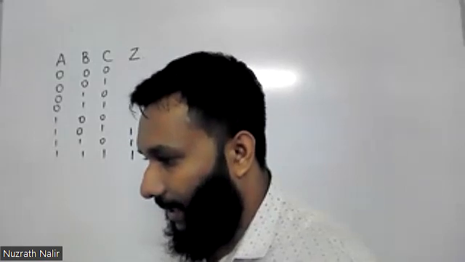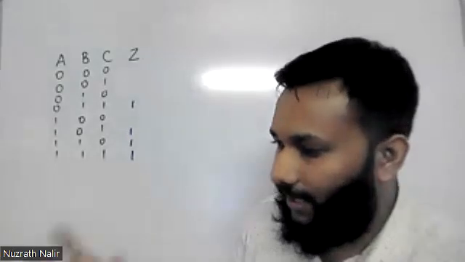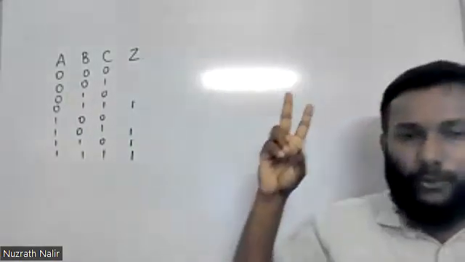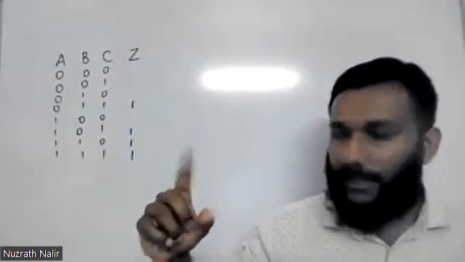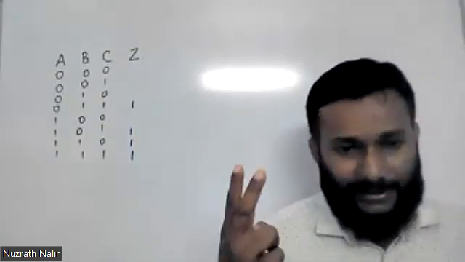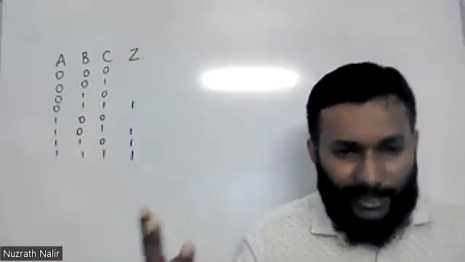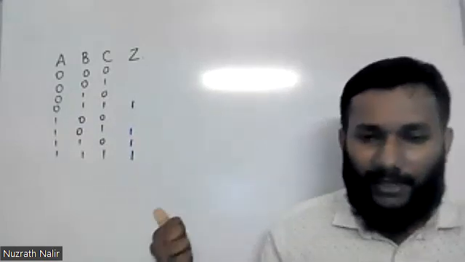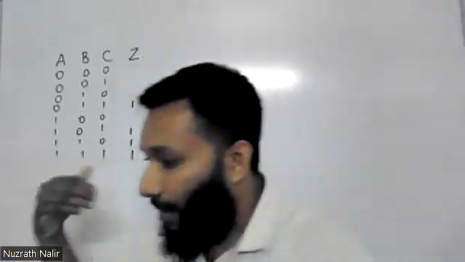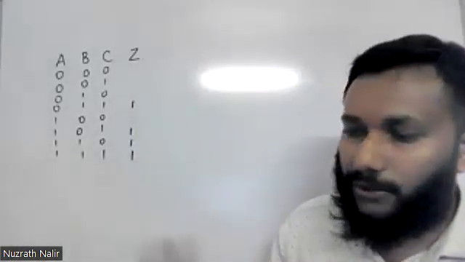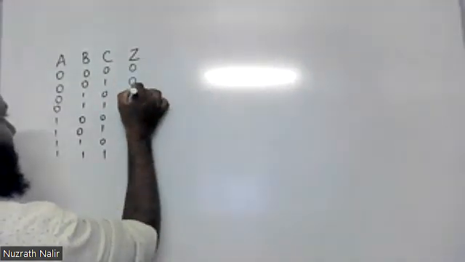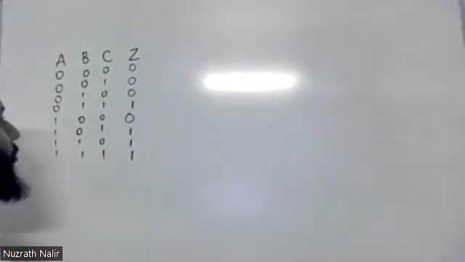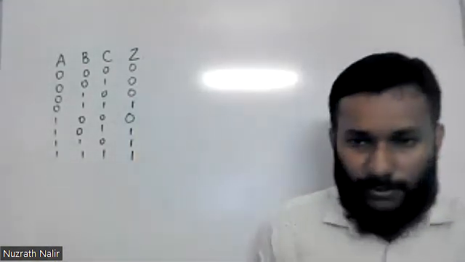Let us consider the case n equal to 3. If 2 inputs are 1, the output is 1, and if all 3 inputs are 1, the output is 1. Otherwise the output is 0, so 0, 0, 0, 0. So this is your output.